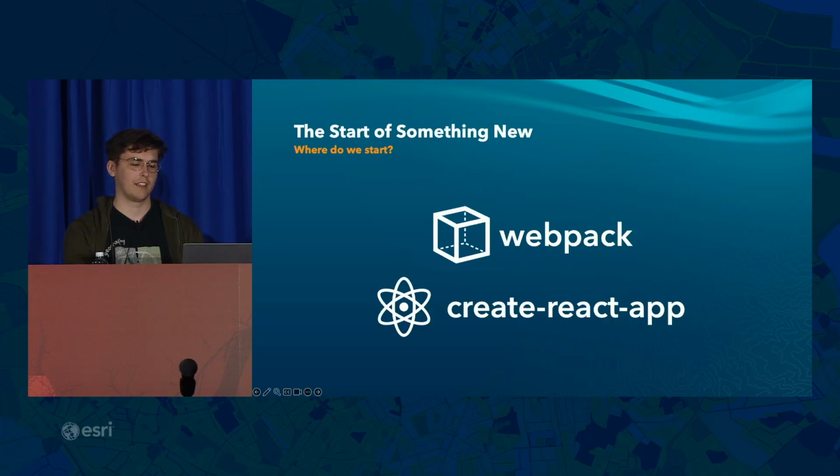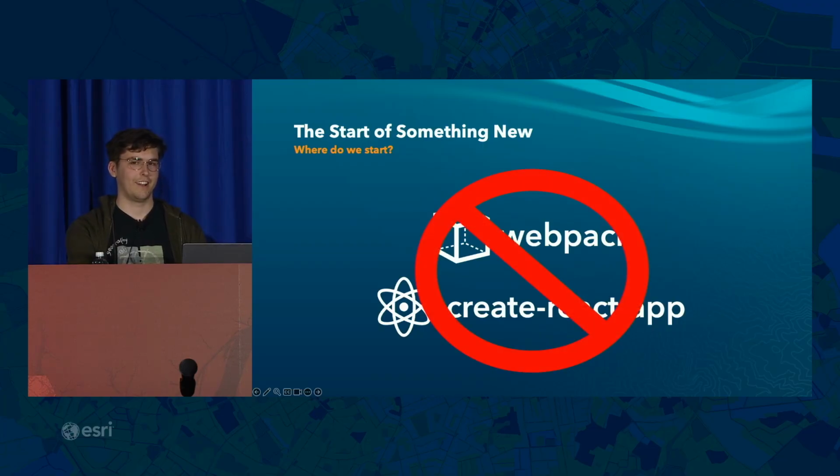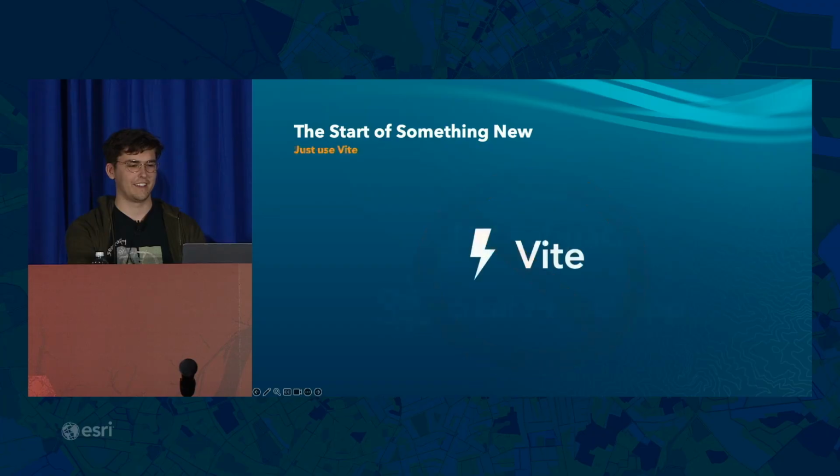And then there were tools like Create React App, which use Webpack behind the scenes, but create an environment that you can get started pretty quickly with the new application. And I'm here to tell you that those are not the tools that you should be using anymore, because now the more modern competitor is Vite.